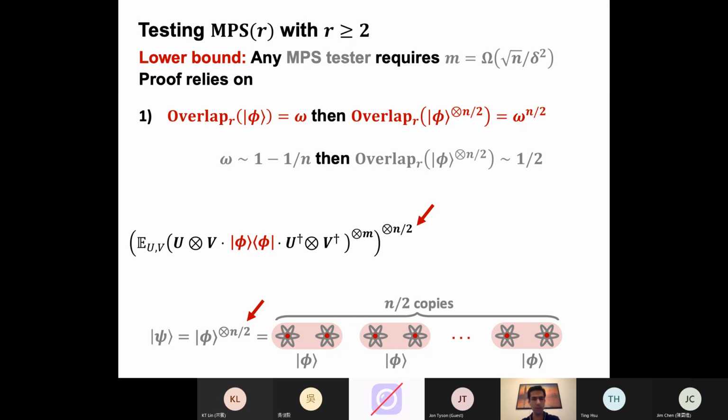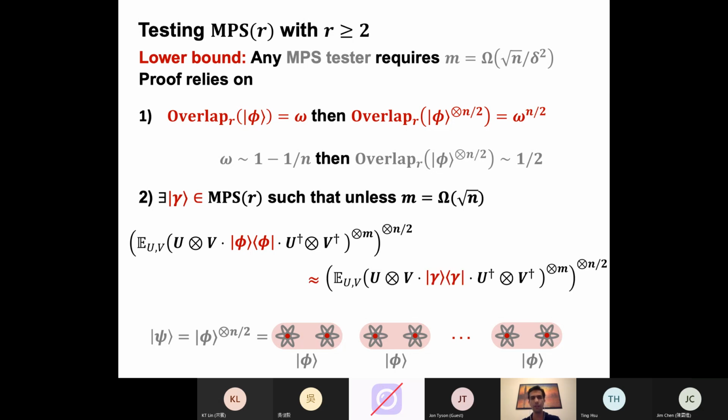And as I just described in step 1 of the proof, we know that this state is constantly far from MPS R. So now it can be shown that there is a bipartite state gamma, which is in MPS R, such that unless the number of copies m is at least the square root of n, the random rotations of this gamma is close in trace distance to the random rotations of phi. And this means that the MPS tester won't be able to distinguish these random ensembles from each other.